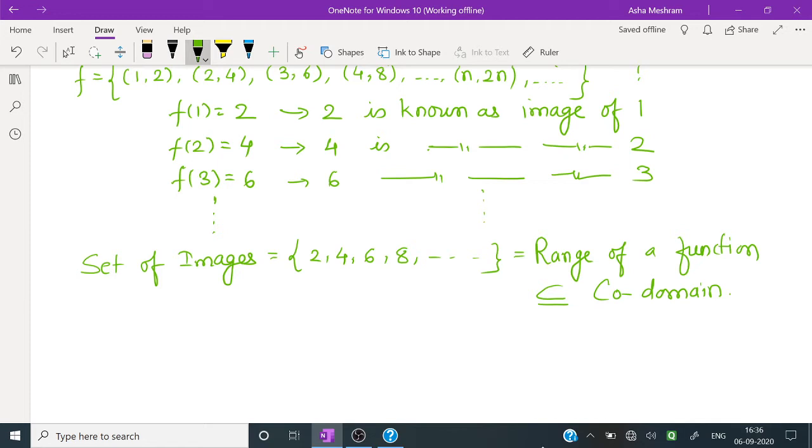Now next we write the mathematical definition of range of function. So how to write the mathematical definition?